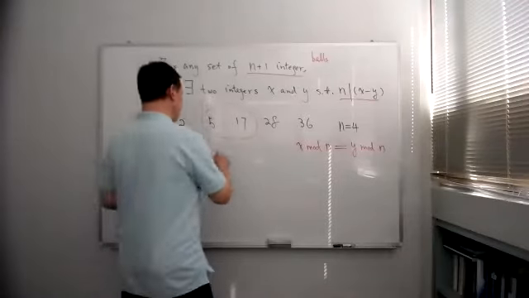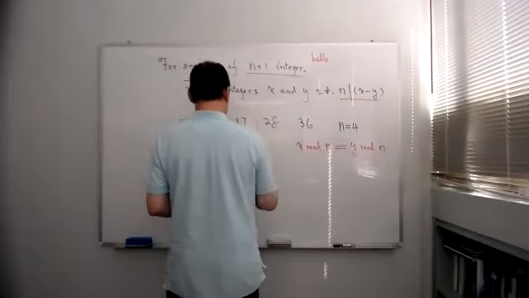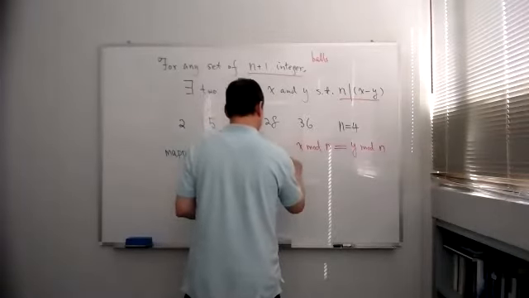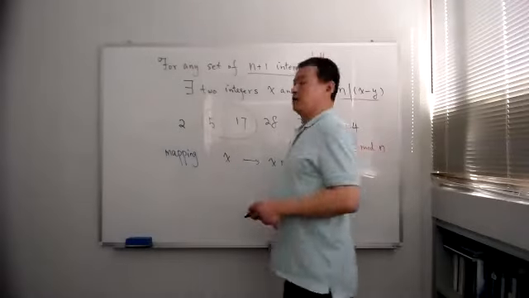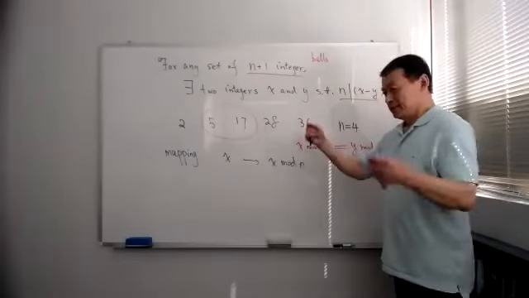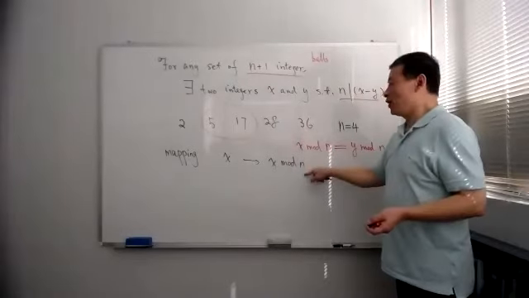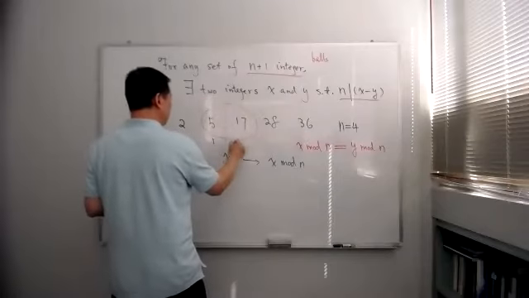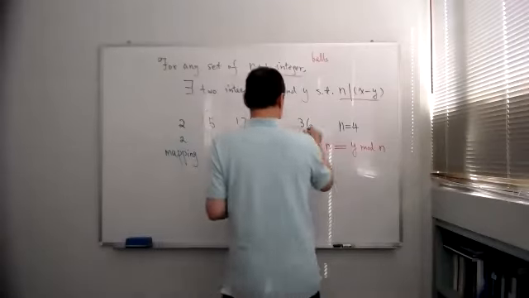For element x, we put it into box x mod n. So in the case of 4, here will be box number 2, box number 1, 1, here 0, and this one is 0.